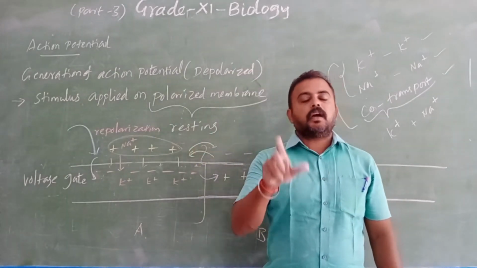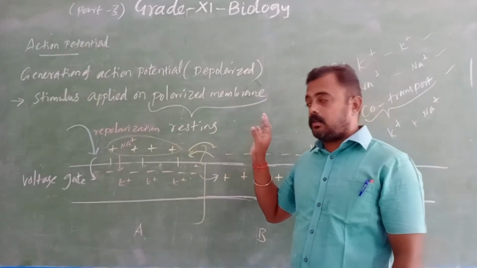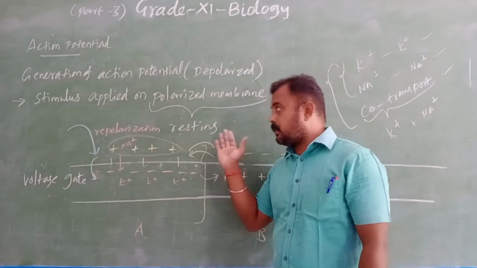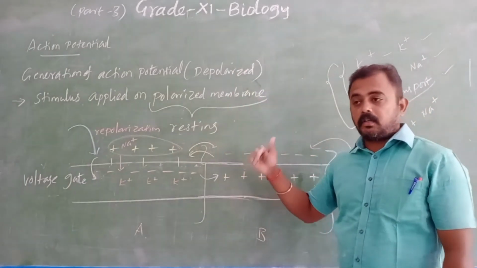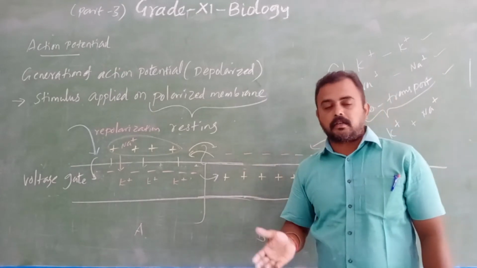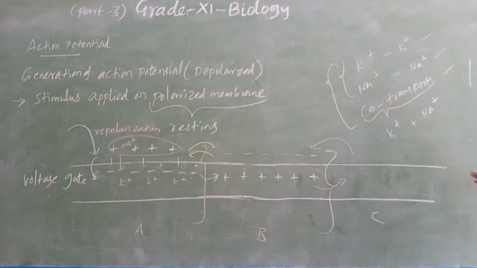You have to read that fully, and then only you can understand the action potential, polarization and repolarization. Okay, fine. Next we are going to see how the information is carried from one neuron to another neuron.